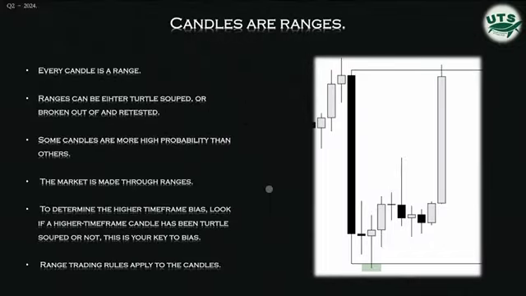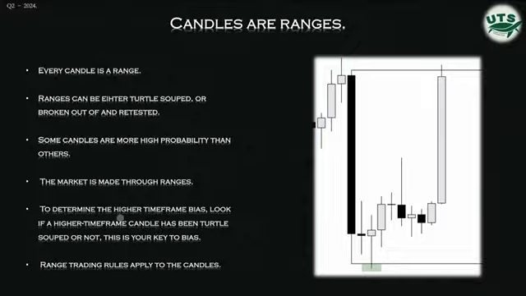Candles are ranges. Every single candle is a range on every single time frame. Ranges can either be turtle souped or broken out of and retested. Some candles are, by nature, more high probability than others. The market is made through ranges, as I've said.